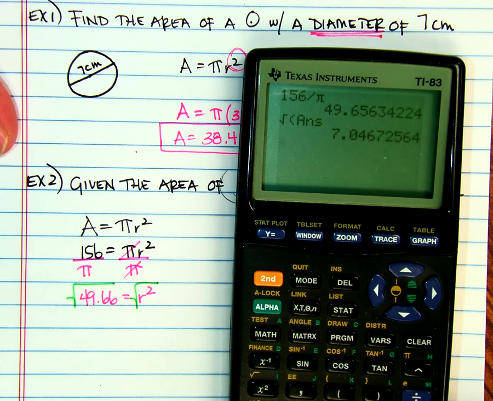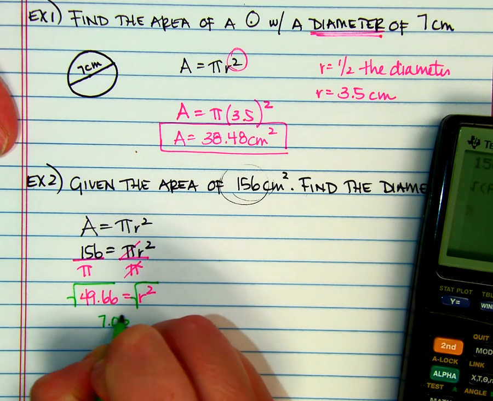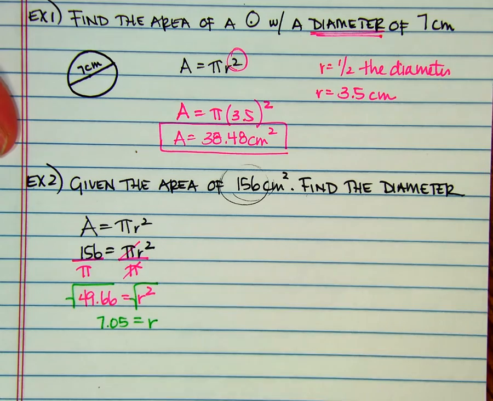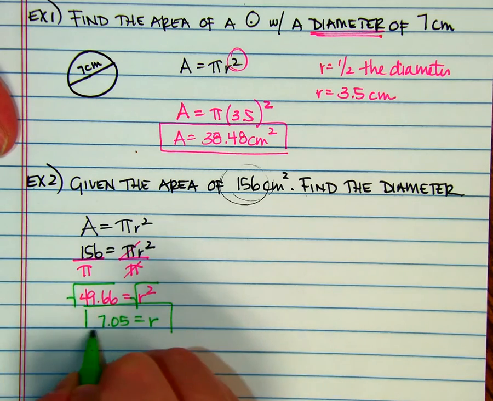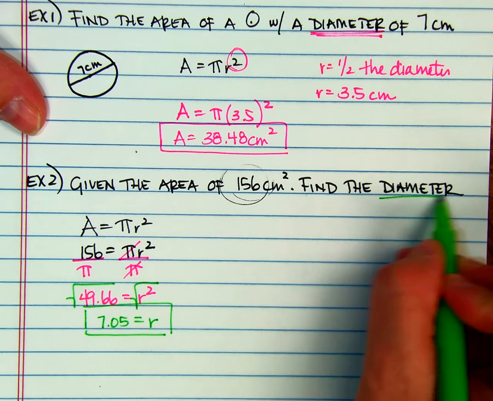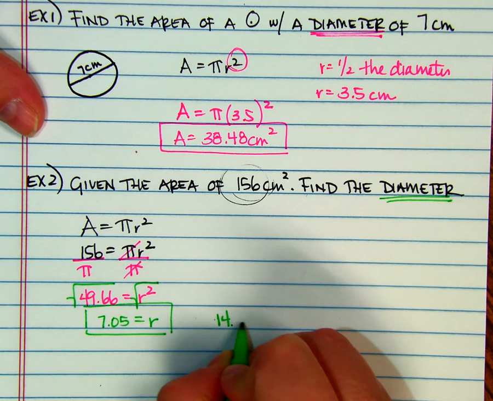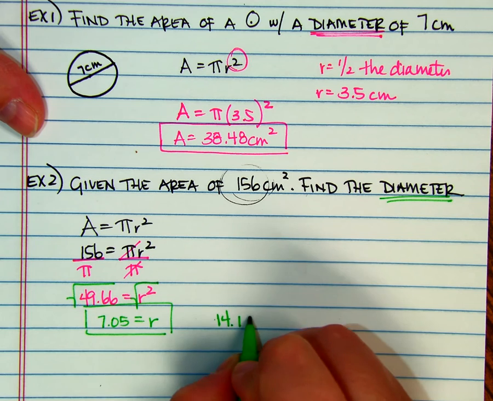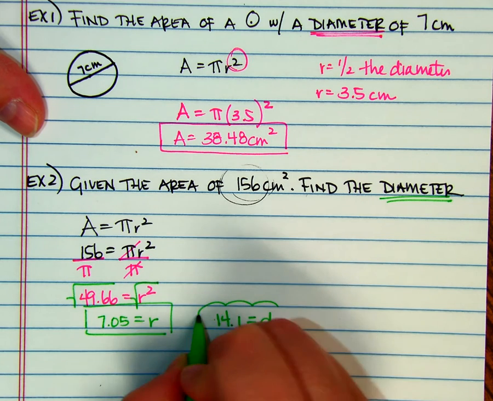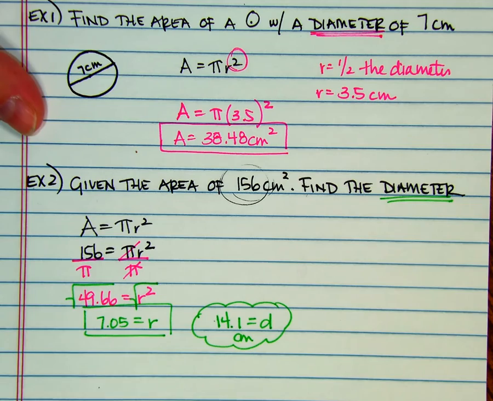So I get about 7.05. So that is my radius. But have we actually answered the question yet? It says find the diameter. So I need to actually take this times 2 and get 14.1 for the diameter. So this would be my final answer, and I should label that as centimeters.